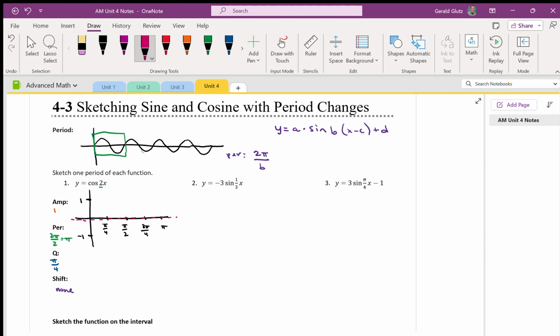And we're graphing cosine with an amplitude of 1. So cosine starts at 0, 1. Every time we move right, however much our quarter section is, in this case pi over 4, I go down our amplitude. Do it again. Then I start going up, and then up. So cosine, I like to graph the inside first.